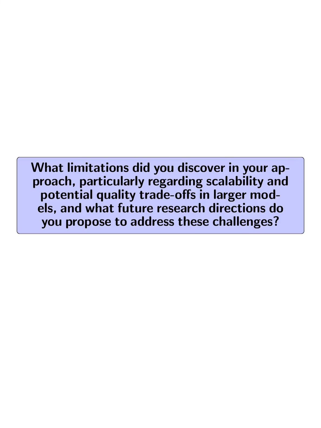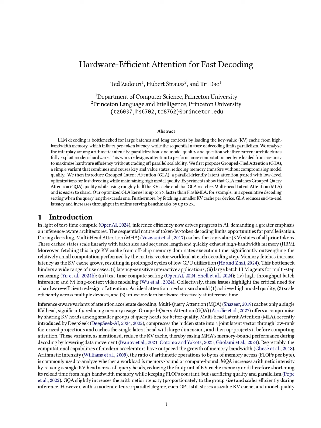What limitations did you discover in your approach, particularly regarding scalability and potential quality trade-offs in larger models? And what future research directions do you propose to address these challenges? In our approach, we identified limitations related to scalability and quality trade-offs, particularly when increasing the group size, G_Q, in attention mechanisms.